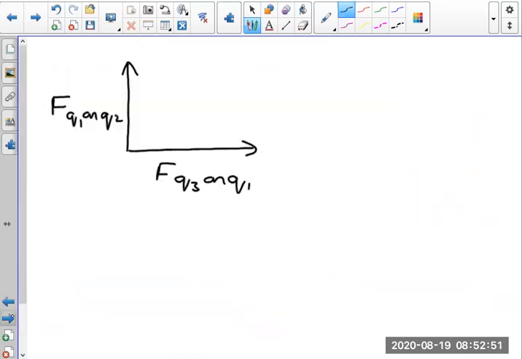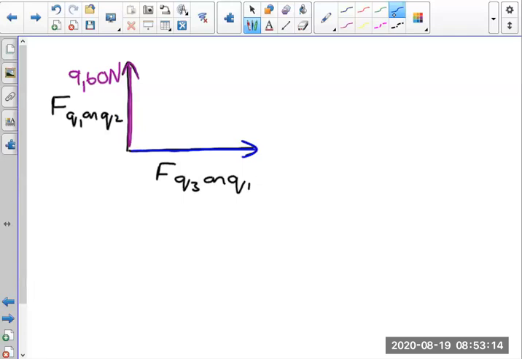So here I can substitute in 9.60 newtons. This would be the magnitude of this force. So I have to work out the magnitude of this force by using F equals KQ3 times Q1 over r squared.